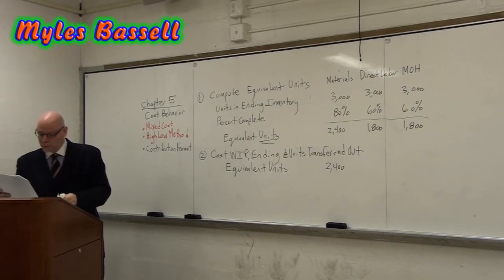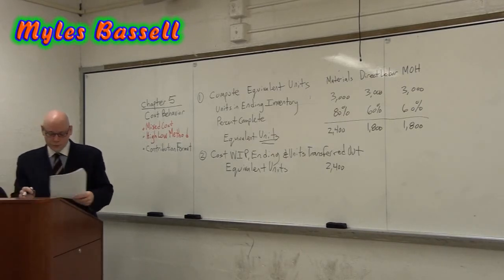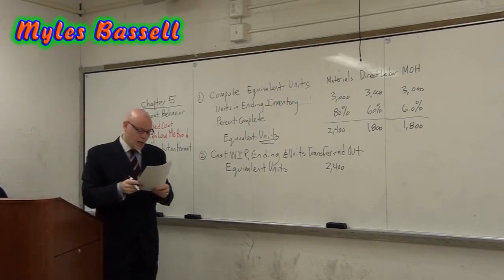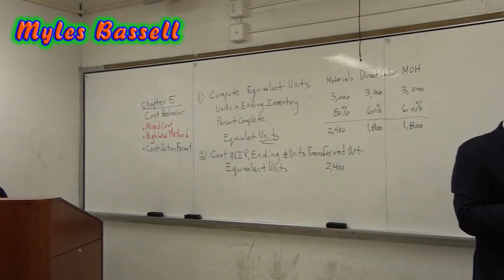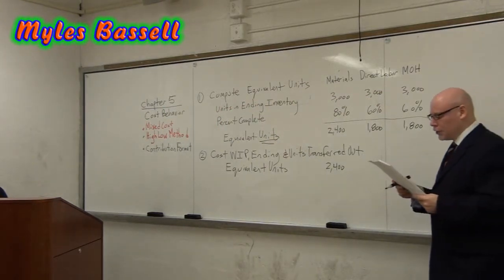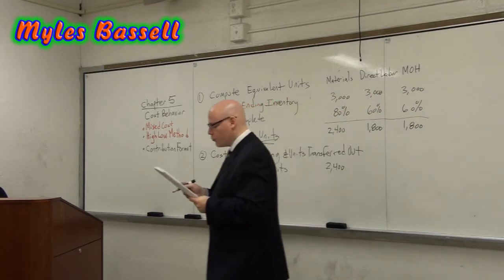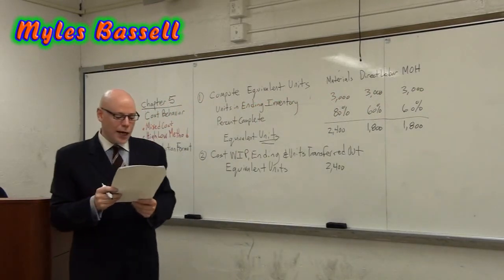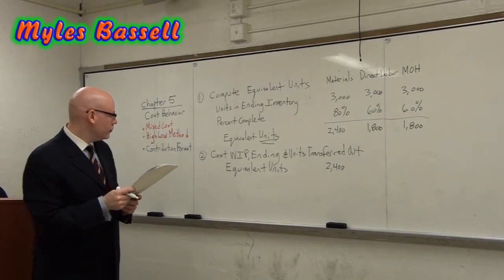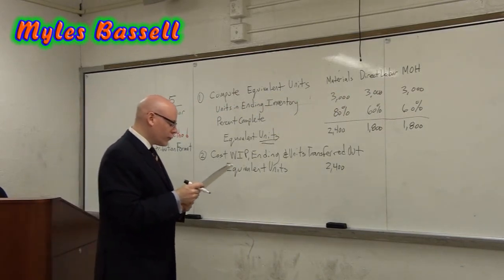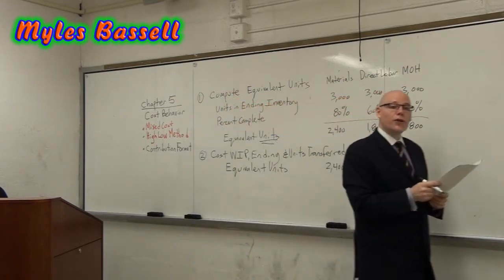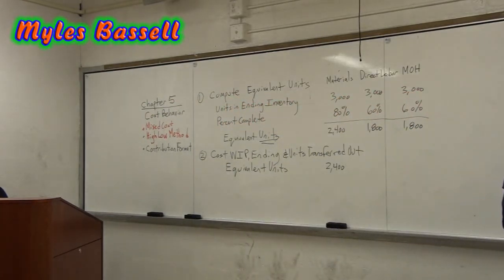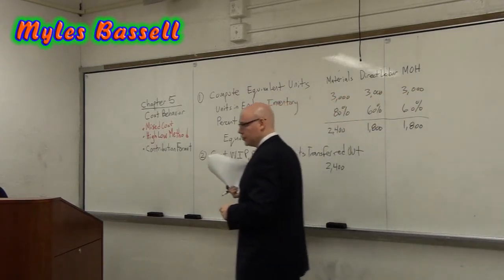But the way we did it before, it was like all in one. Oh, I see what you're saying. Yeah, you could do that. You're saying 27,400? You could do that. So what's called equivalent units then? No, the units transferred out are those that are completed. Right, so the equivalent units are those that are partially completed.